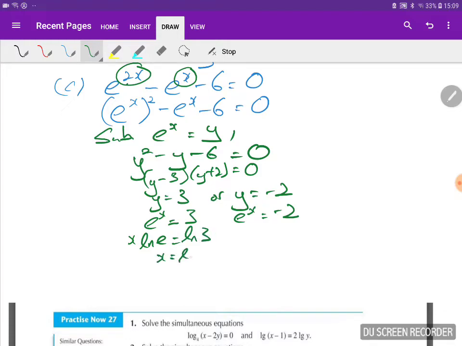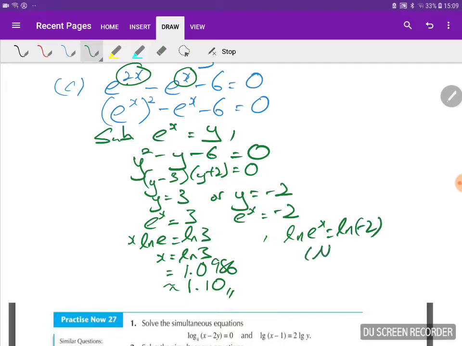So x equals ln 3, which is 1.0986, which is 1.10. Then for the right hand side, you take ln on both sides. What happens is there's no solution because you cannot take log or ln of a negative number. So the answer is only 1.10.